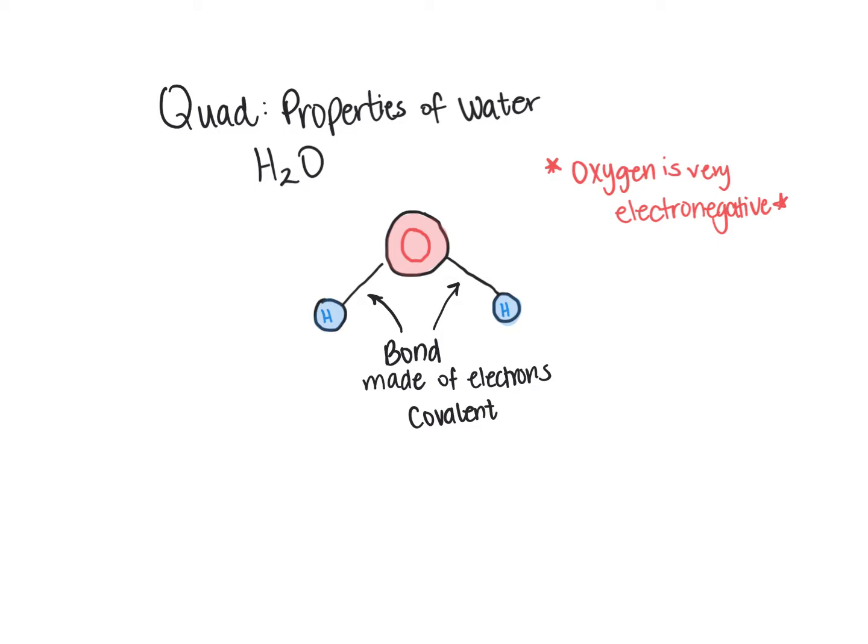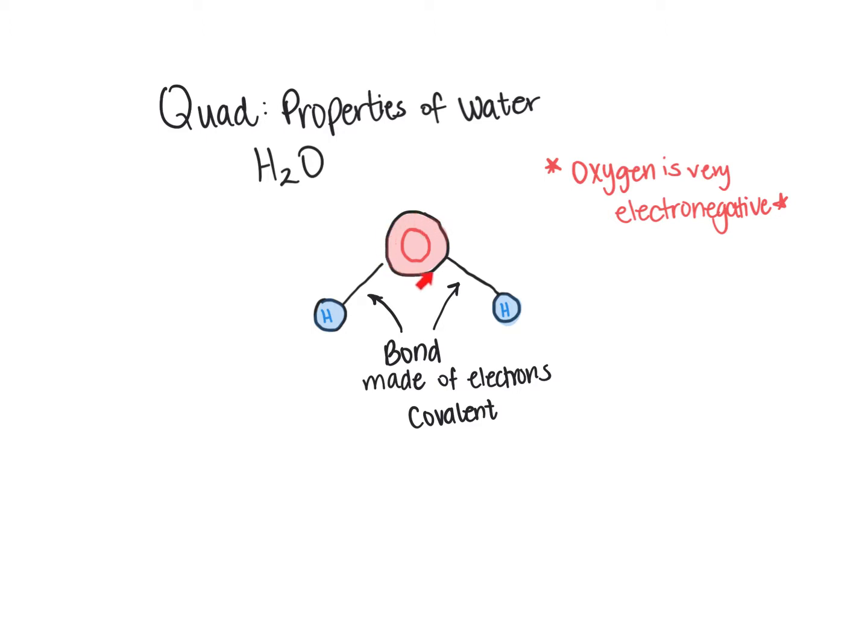Now, remember how a while ago I said that oxygen is very electronegative? This is where this is going to become important. What's happening is this sharing of electrons, or this covalent bond between the hydrogen and oxygen, is not a fair shared process.